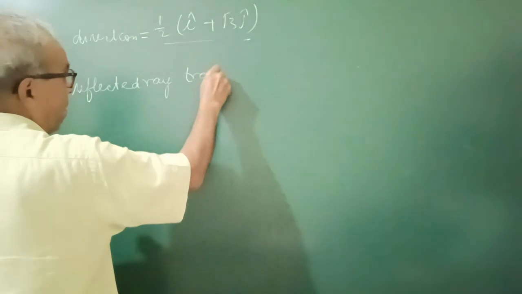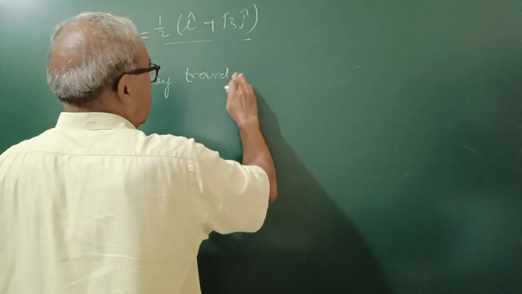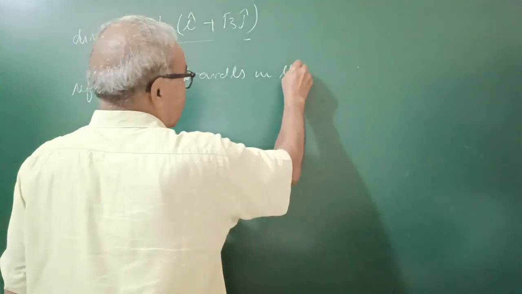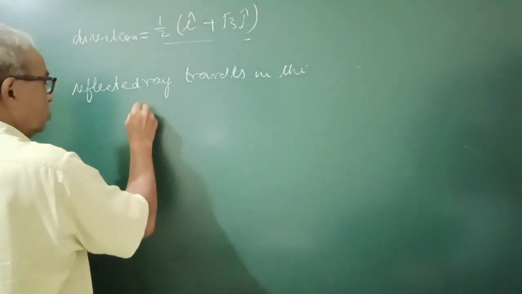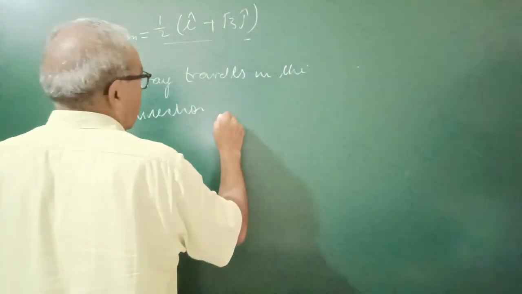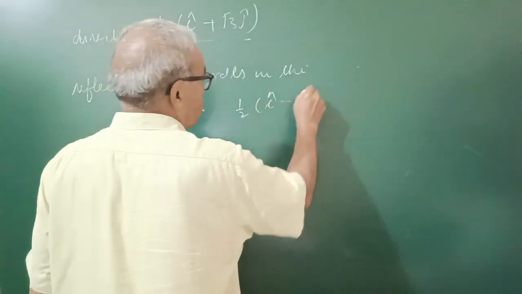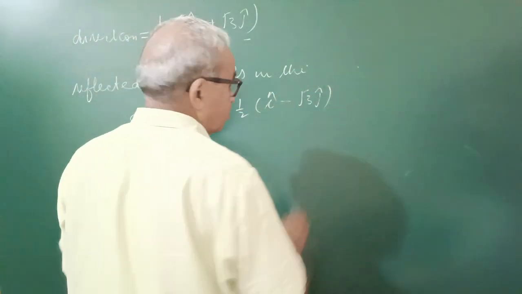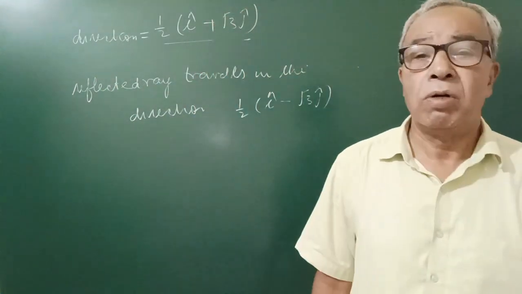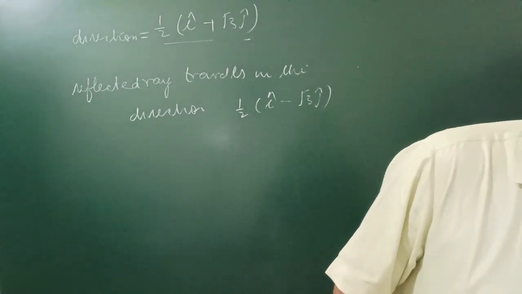travels in the direction half i cap minus root 3 j cap. So what is the angle of incidence here? What is the angle of incidence?